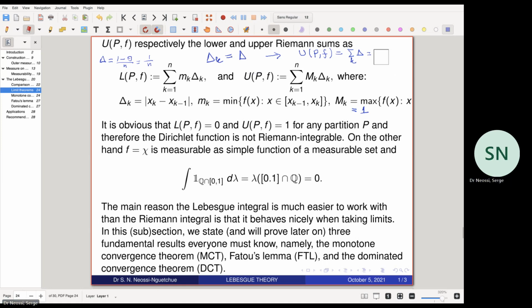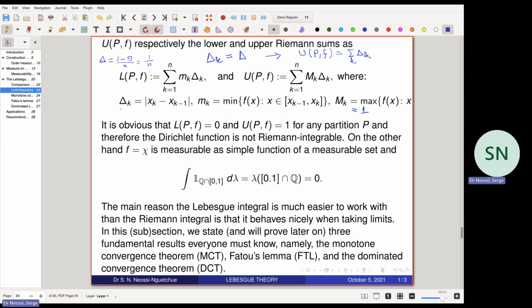Now, if the points are not equally spaced, we'll have the sum of all the delta k. But now, what is delta k? Delta k is given by this value.